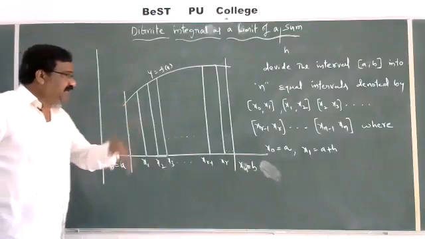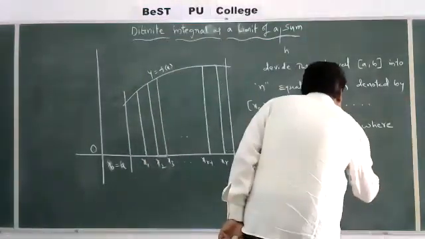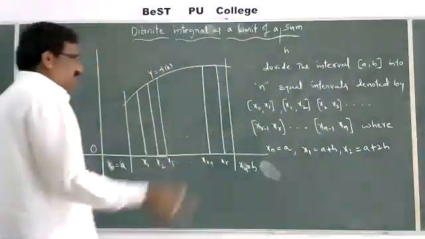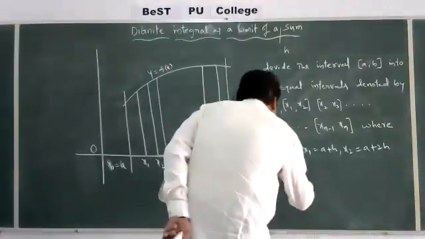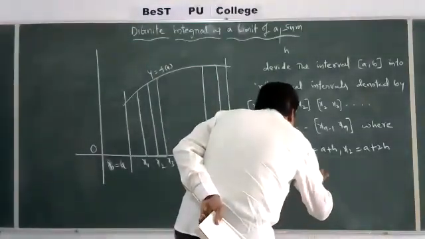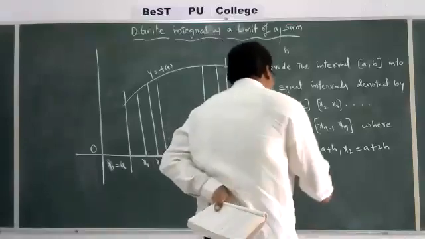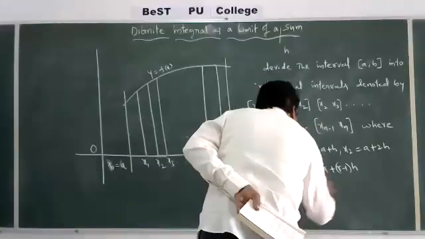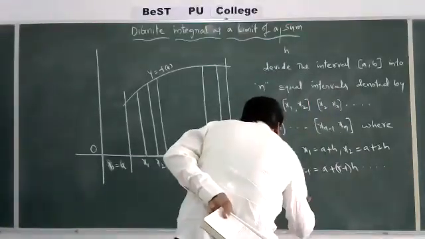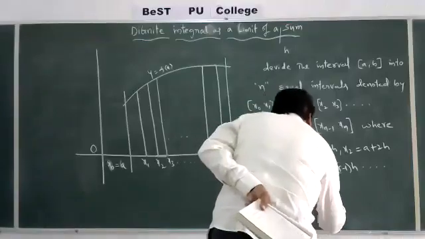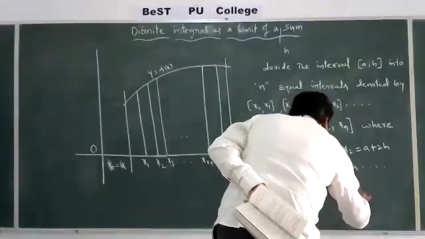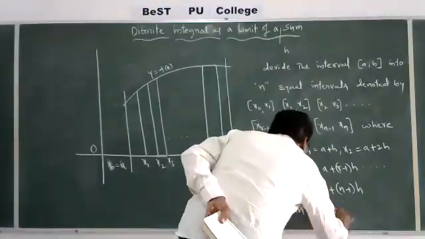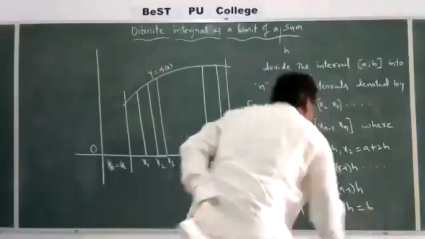That is, x1 is equal to a plus h. x2 is equal to a plus 2h, increasing h units, and so on. xr minus 1 is equal to a plus (r minus 1) into h, and so on. xn minus 1 is equal to a plus (n minus 1) into h, and xn is equal to a plus nh, that is equal to b.